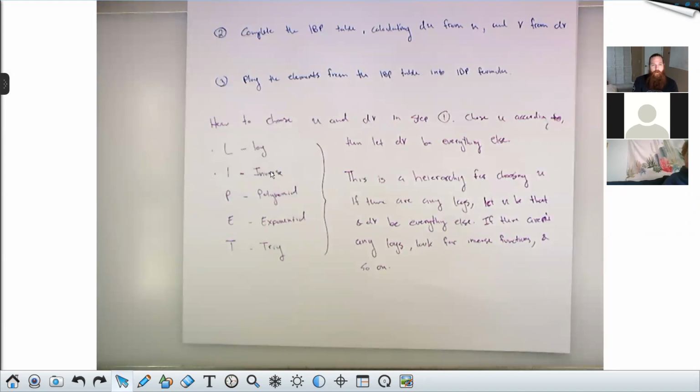If there are neither any logs nor any inverse functions, then you'll look for polynomials. If yes, you'll let u be the polynomial function, and everything else will be dv. If there are not any logs, inverse functions, or polynomials, then you'll look for exponential functions. If there are any, you'll let u be the exponential and dv be everything else. That's the idea, right? So this is a hierarchy for choosing u. Once you've chosen u, you'll let dv be everything else in the integrand.